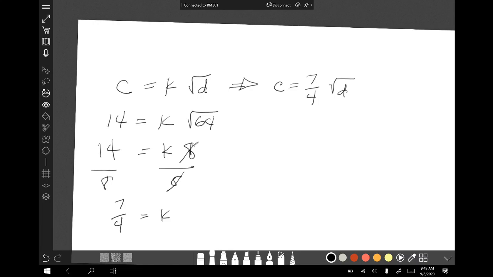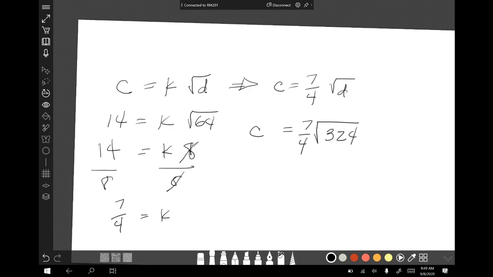So then plug in 324 for D. Was the number 324? Yeah. Okay, so I will write that again. You're probably going to need a calculator for that one. 63 over 2.